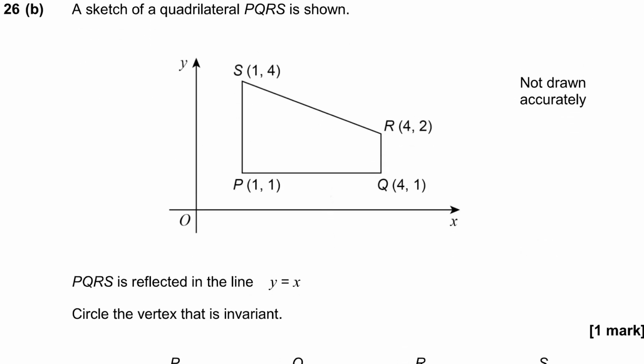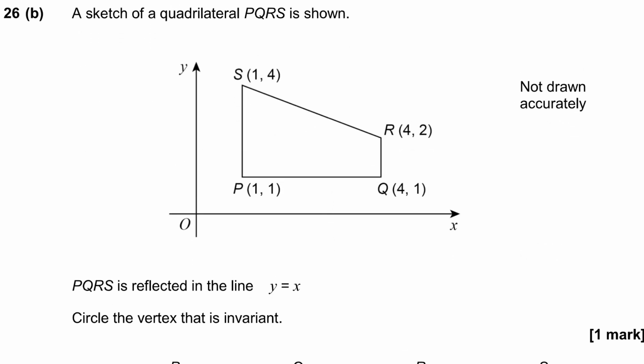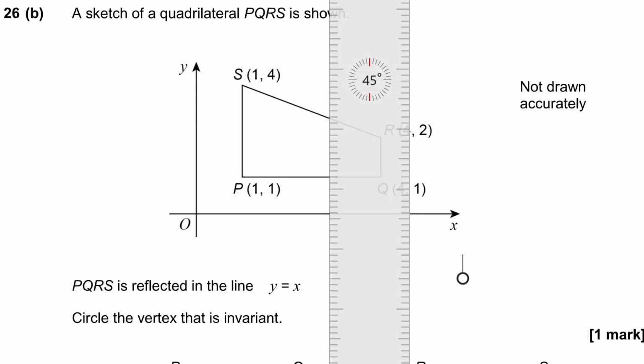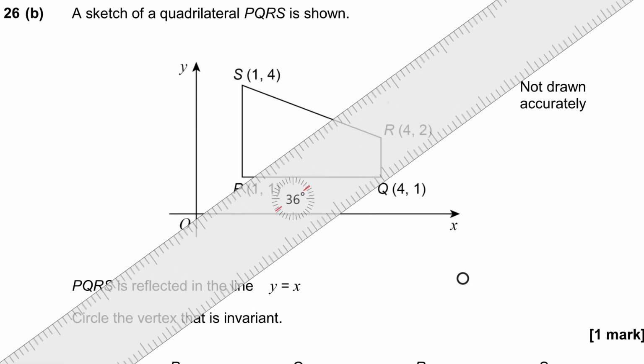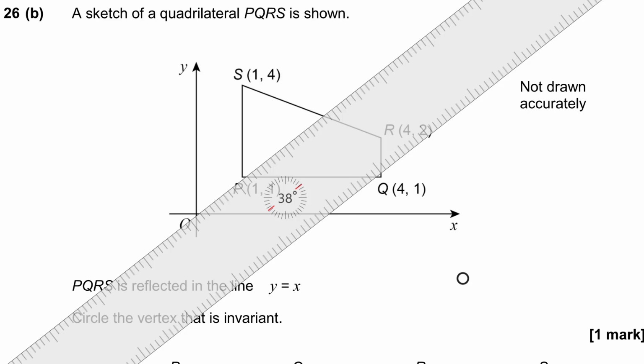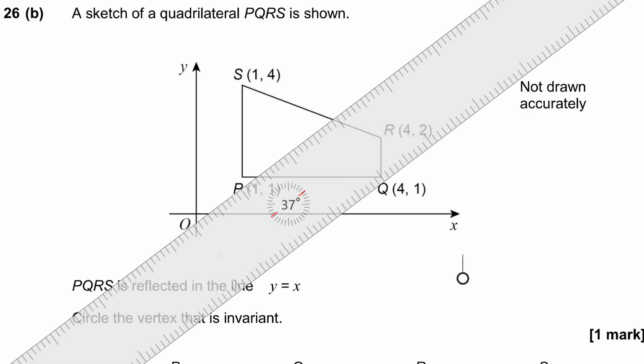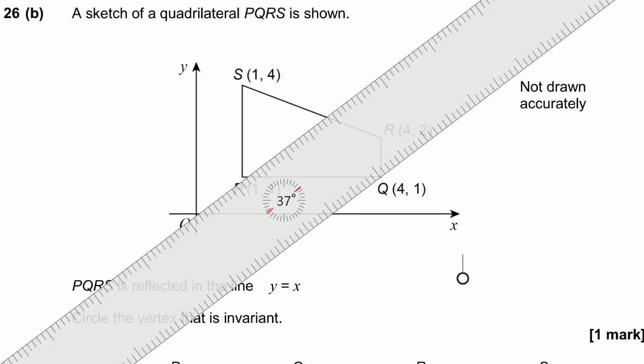Okay, 26b, a sketch of the quadrilateral PQRS is shown. PQRS is reflected in the line y is equal to x. Circle the vertex that is invariant. Now let's just draw on the line of reflection. So it's going to go through the origin and it's going to go through that point 1, 1 then, isn't it? Because it's the diagonal y is equal to x. It's that line there.